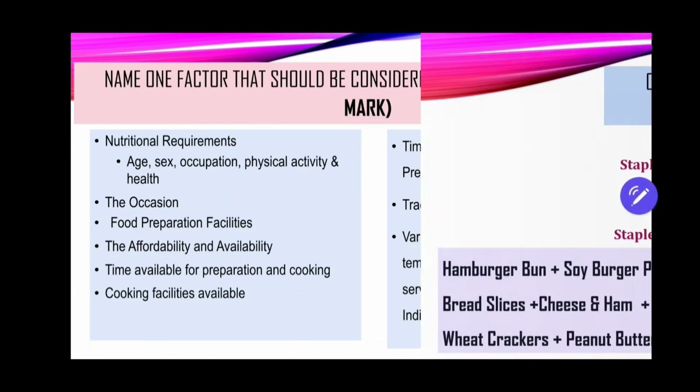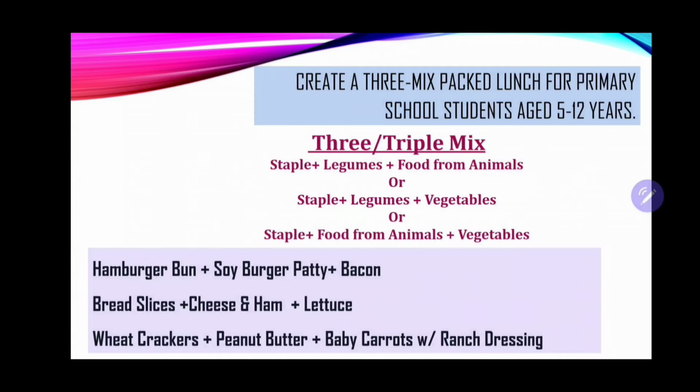Good. Next part, create a 3-mix packed lunch for primary school aged 5 to 12 years. Now, when it comes to a 3-mix or a triple mix, there can be 3 options, right? Now, the first option that you can have, remember, staple is always the primary food group that remains. It doesn't matter what other group we add to it, right?